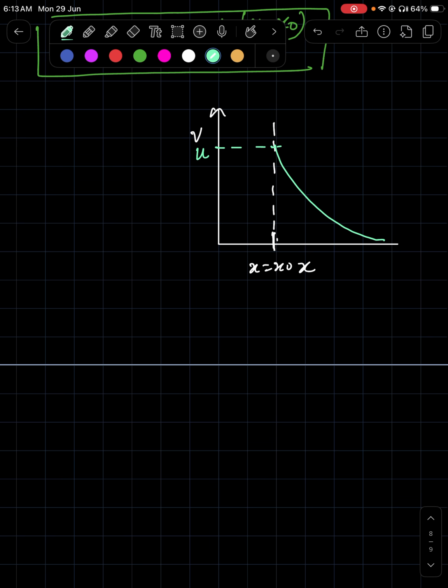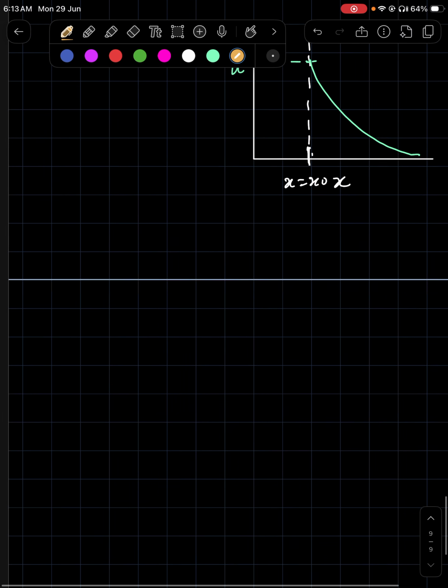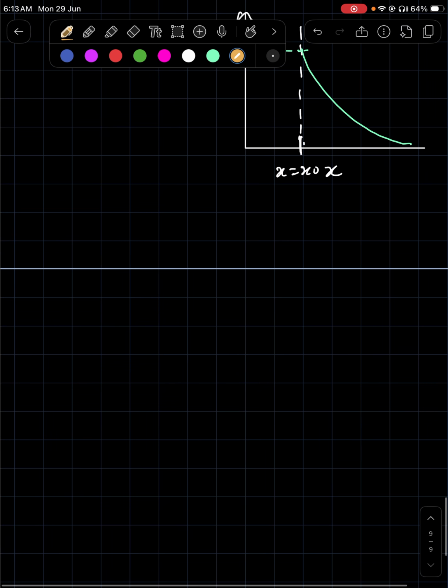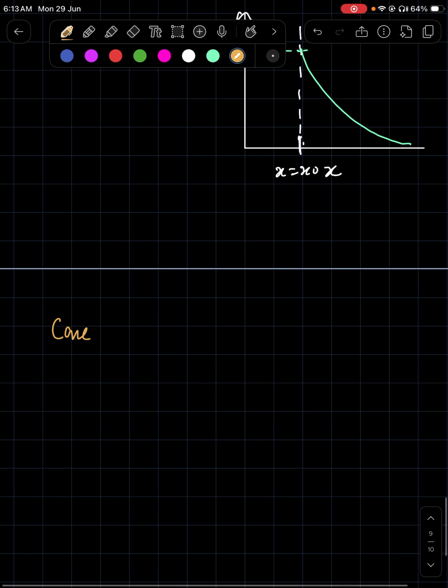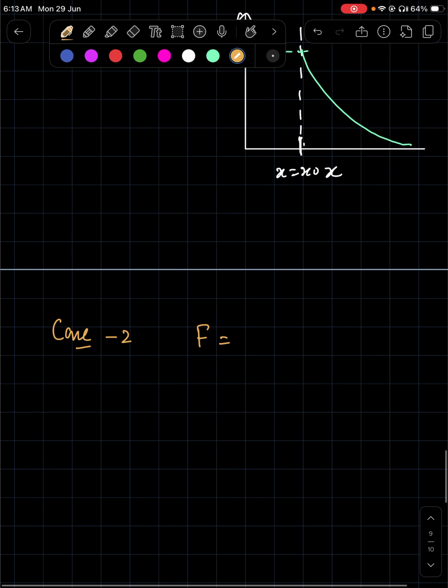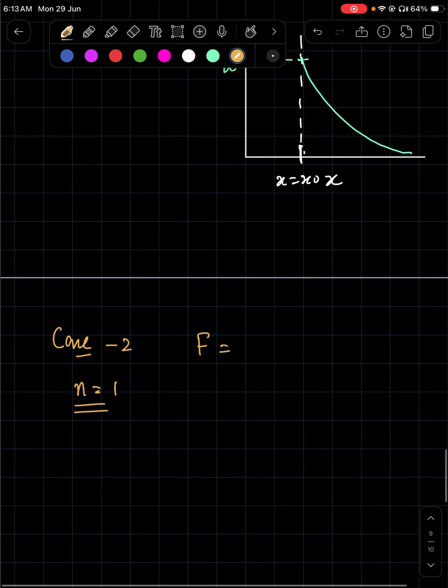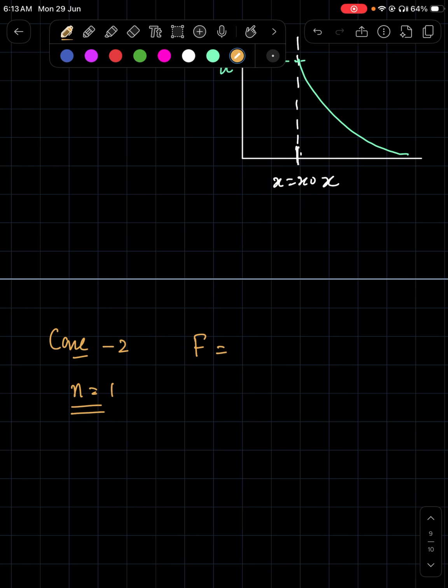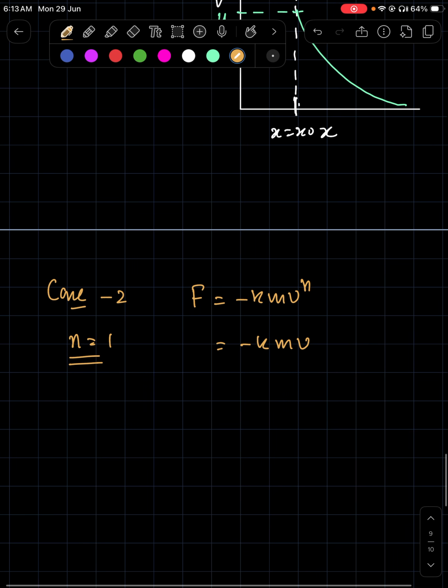Next, we will take another example. That is the case number two, a very easy case, when the n value is one. So if I take minus k v to the power n, now that is simply minus k m v.